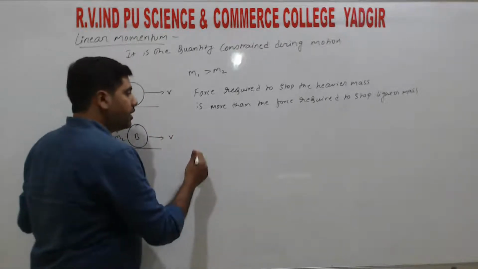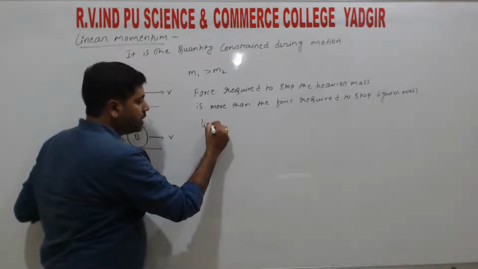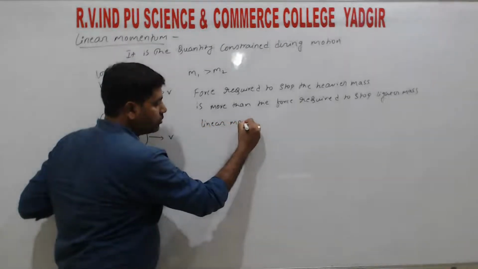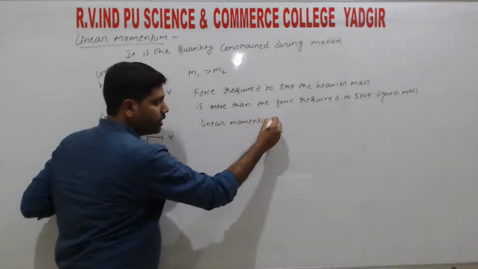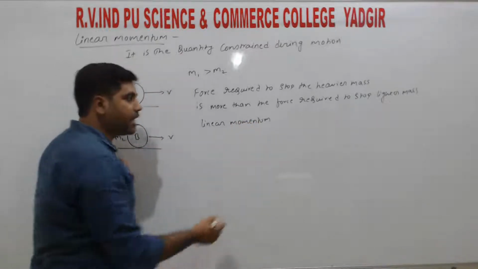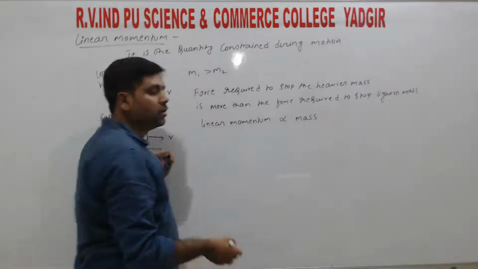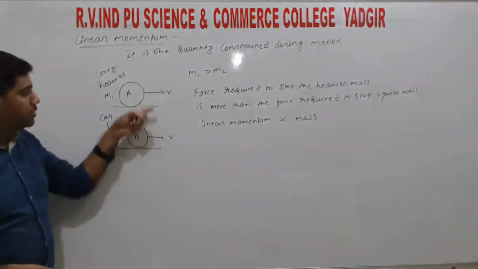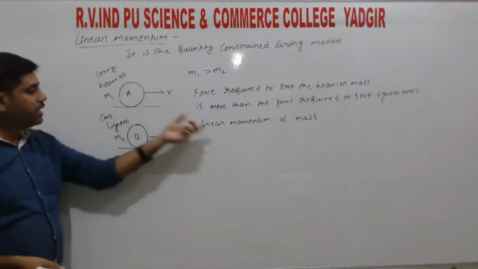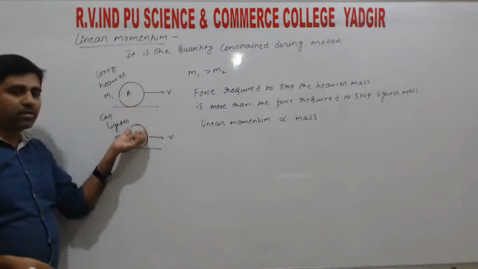So from this we can define linear momentum, or simply momentum, as directly related to the mass, right? Both are moving with the same velocity, so linear momentum is directly related to the mass.